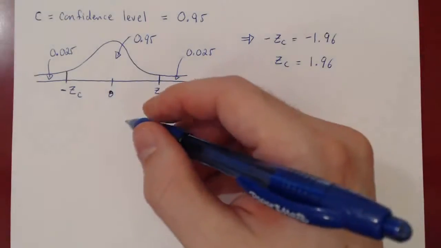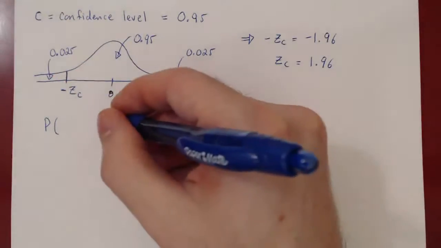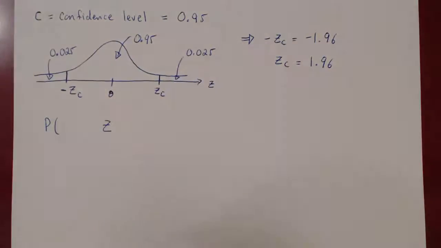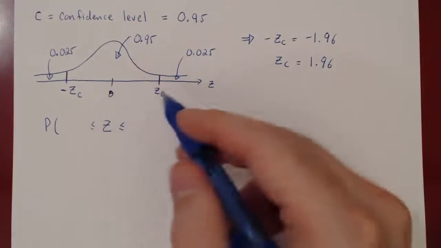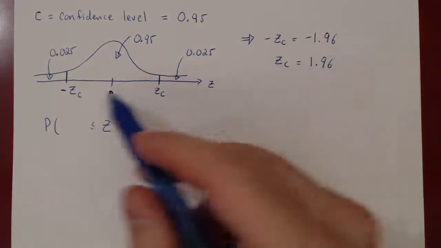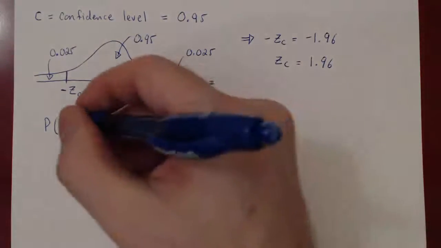Therefore, the probability that the standard normal random variable lies between negative zc and zc, so negative 1.96, 1.96, is exactly 95%.